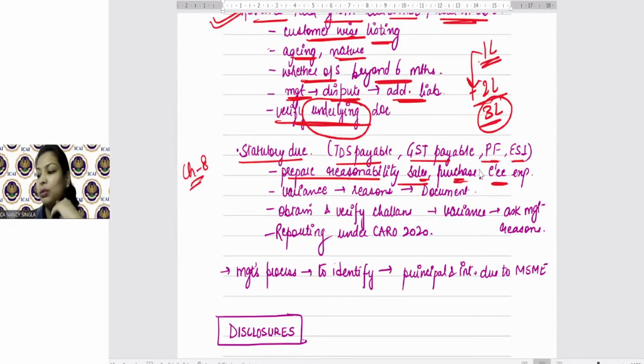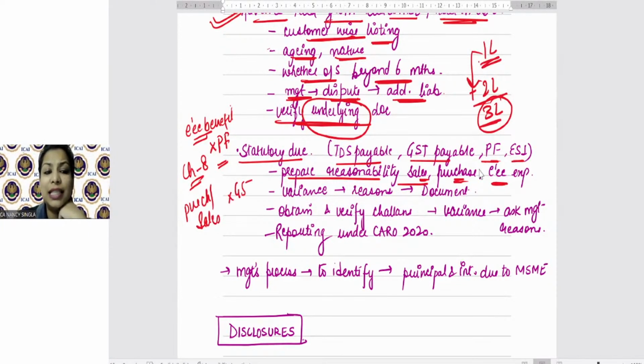Will someone tell what this is? See, if you know the employee benefit expense, and you multiply it by the PF percentage, or if you know the purchases or the sales and you know the GST rate, or you know the income and you multiply it by the TDS rate, then what do you find out?